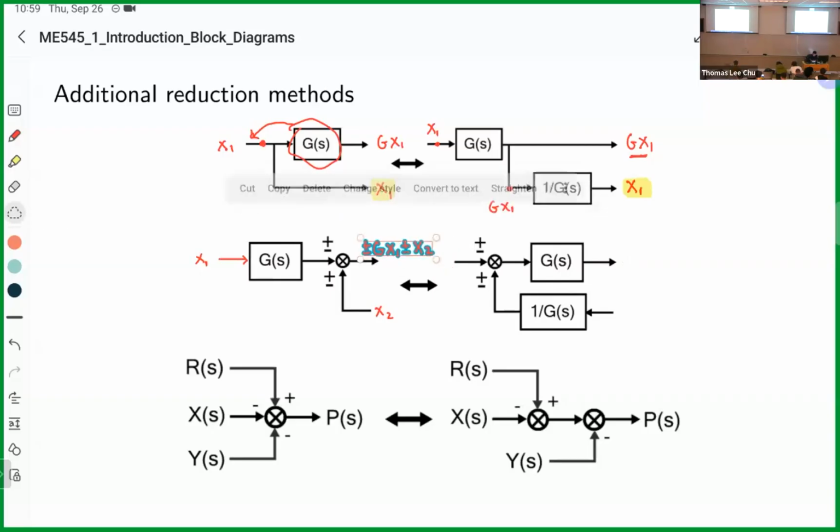So let's still call this x2 here, and this is still x1 here. If we check this point, this is going to be x2 over G. So then right here, we get plus or minus x1 plus or minus x2 over G. And then when we multiply this signal by G, we get plus or minus Gx1 plus or minus x2. So these are both the same systems.